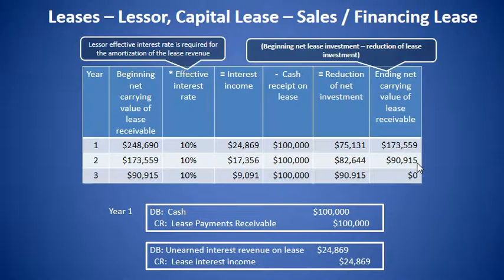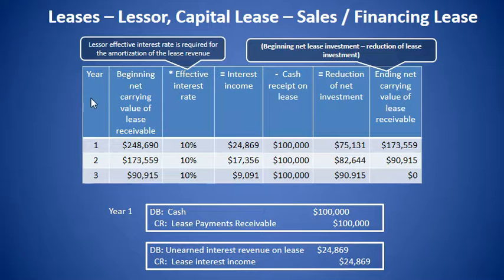Now let's take a look at the amortization process for leases, in this case, a sales type of lease. And it's pretty similar to all the other amortization schedules you've been through with all the other leases. Again, we're going to calculate interest being earned utilizing what we call the interest method.